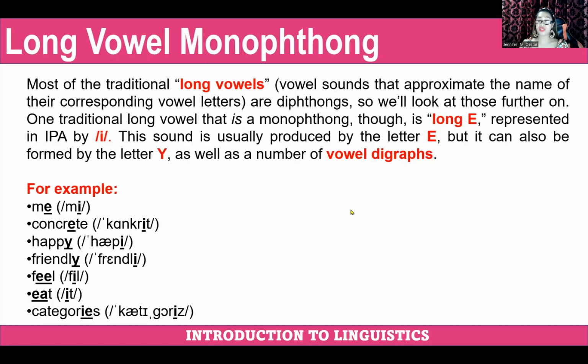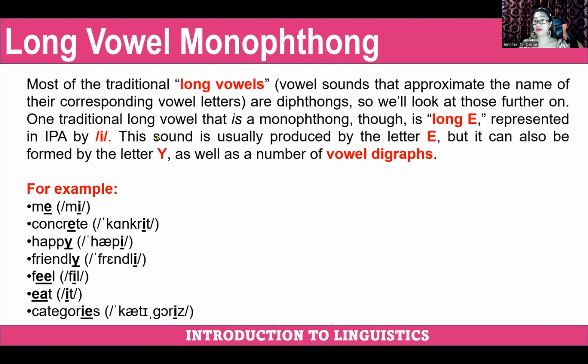Let's have the variation. We have the long vowel monophthong. Most of the traditional long vowels or vowels that approximate the name of their corresponding vowel letters are diphthongs. So we'll look at those further on. One traditional long vowel that is a monophthong, though, is the long E, represented in IPA by small i.